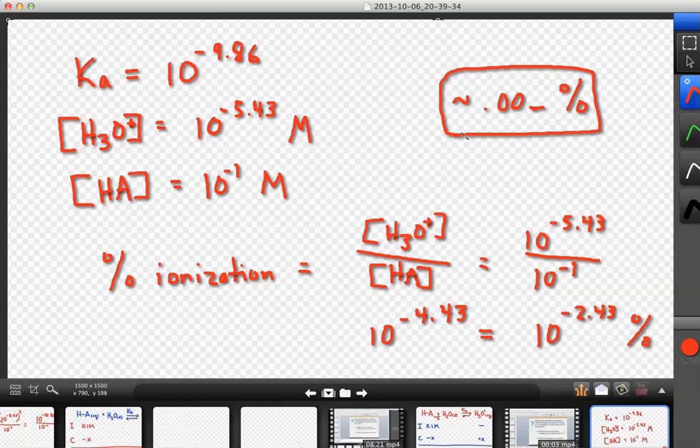Now we know it's a weak acid because the pH is significantly greater than 1. If it was HCl and it was a 0.1 molar solution, it would have a pH of 1. This has a pH of 5.43. We know that it is a weak acid by virtue of its Ka being such a negligibly small positive number. And we also have an indication that it's a weak acid by virtue that its percent ionization is so close to 0%.